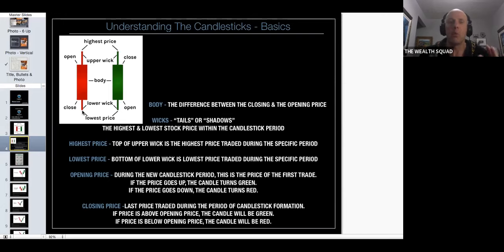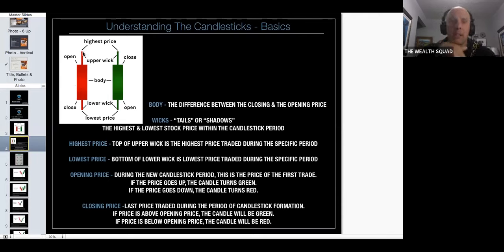But whatever that candlestick shows, each one of those candlesticks is going to be equal to the time frame that you're watching it on. So one of those candlesticks is going to be equal to one day because you're watching it on the day chart. If you're watching it on the hour chart, each one of these candlesticks is going to be an hour's worth of data for you.